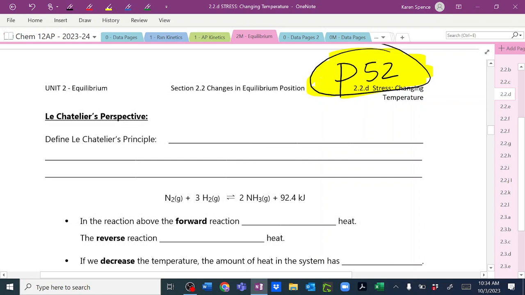Okay, so we're on page 52 then. And I would like you, because it's worthwhile doing every single time, to please define Le Chatelier's principle. Write it down.